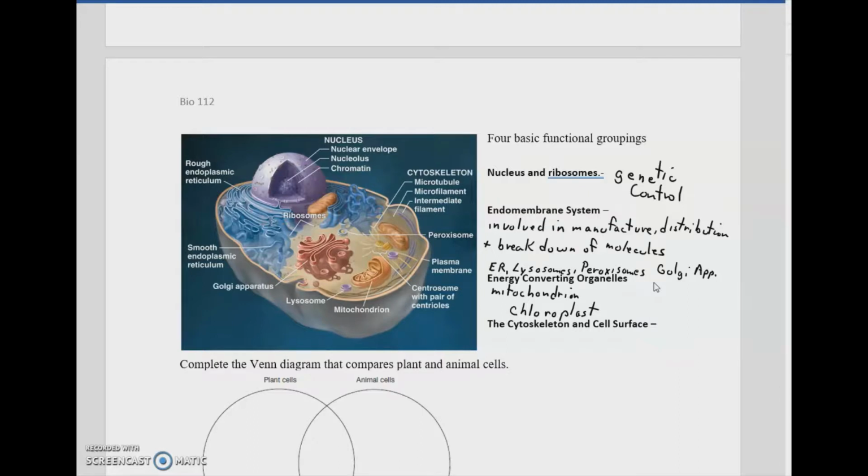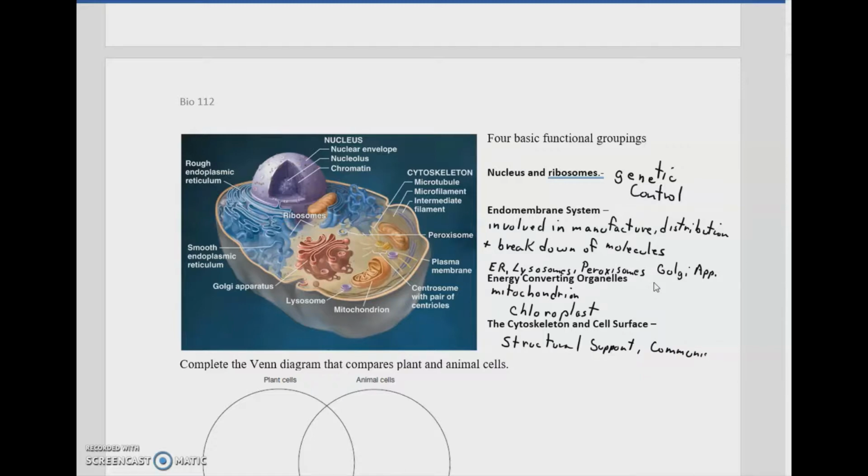The last of the 4 main functioning groups are the cytoskeleton and the cell surface. This provides structural support and communication between cells.